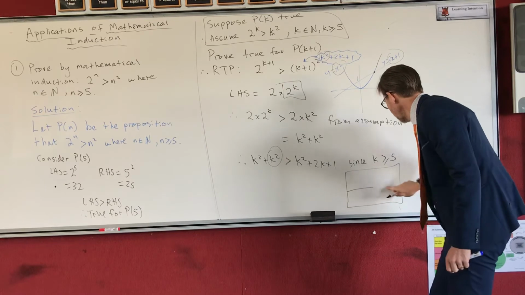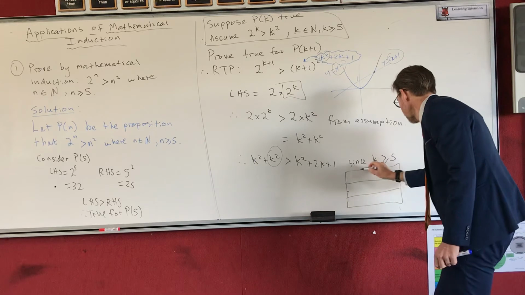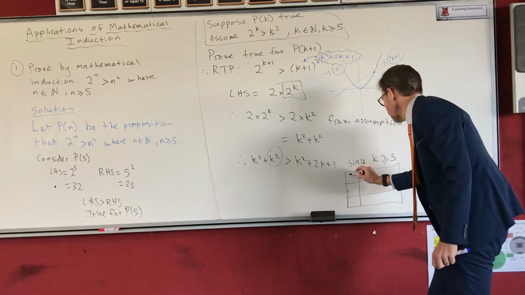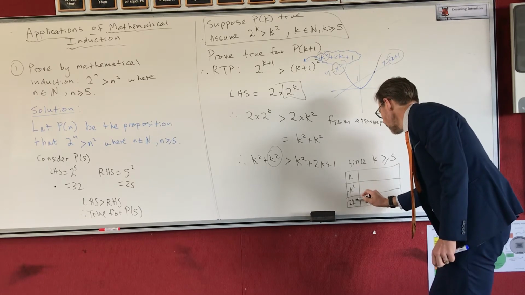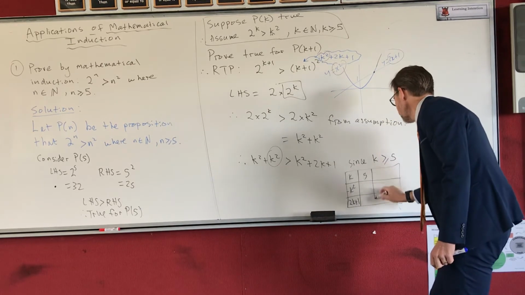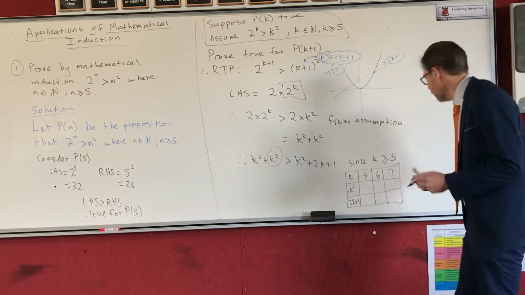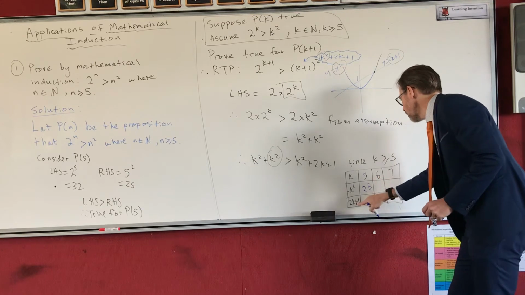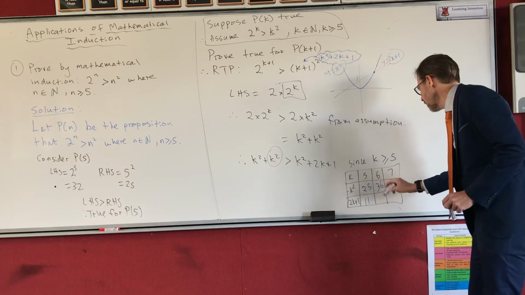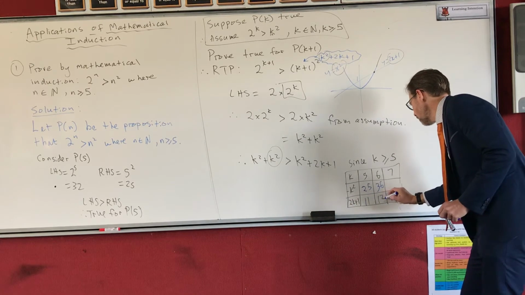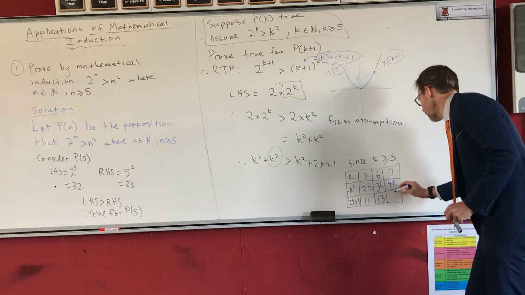Now, if you look at this from a table of values perspective, do it with 3 rows: k, k squared, 2k plus 1. If I just look at some values here, 5, 6 and 7. k squared is 25, 2k plus 1 is 11. k squared is 36, 2k plus 1 is 13. k squared is 49, and 2k plus 1 is 15.